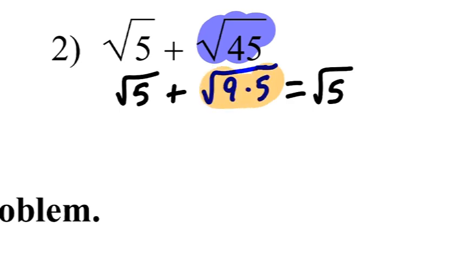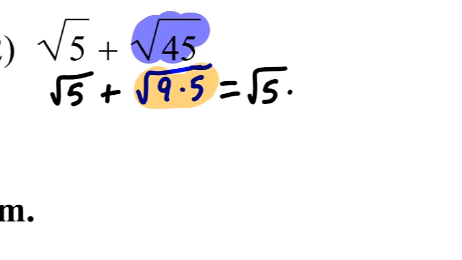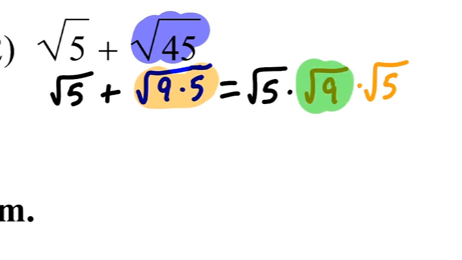So I'm going to break that up into square root 9 times square root 5. And then the next piece that I can focus on is this square root 9. That's going to be 3.